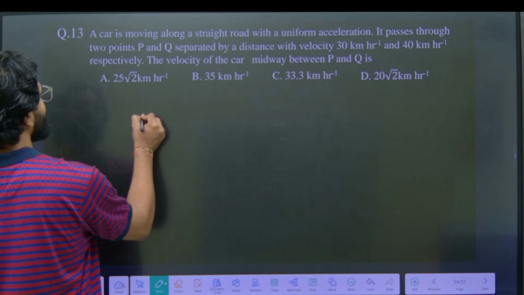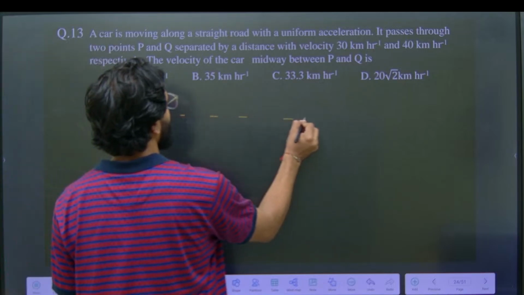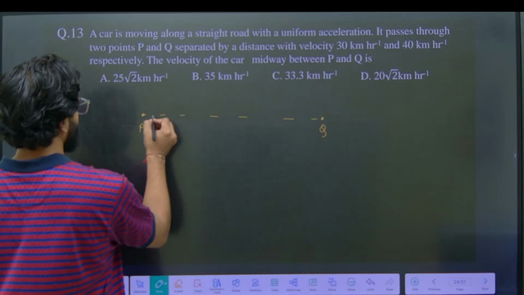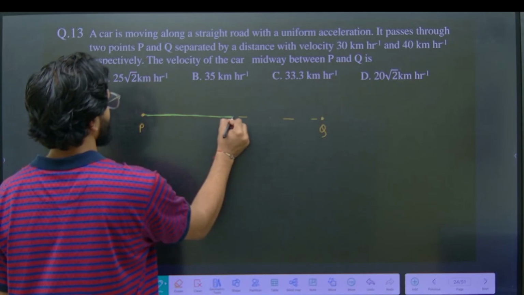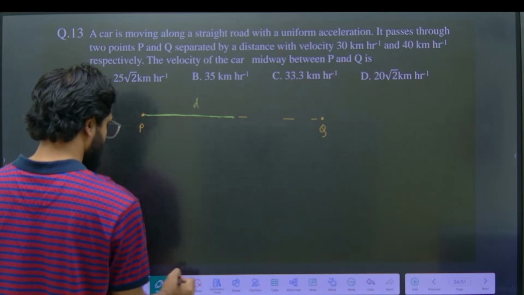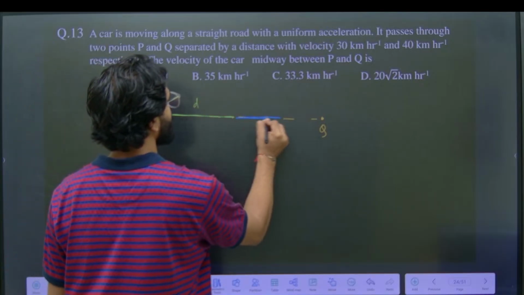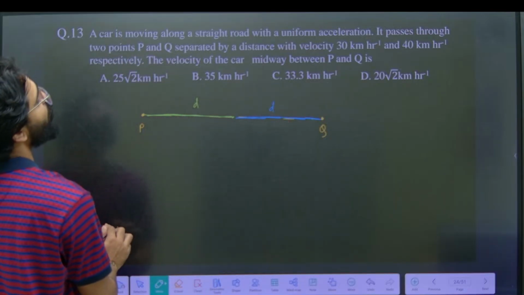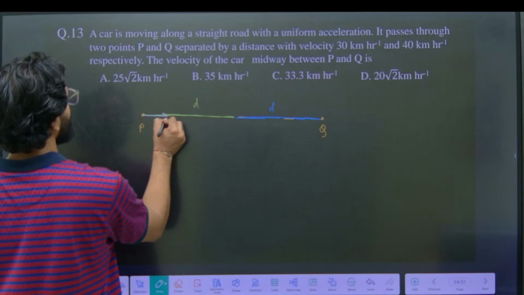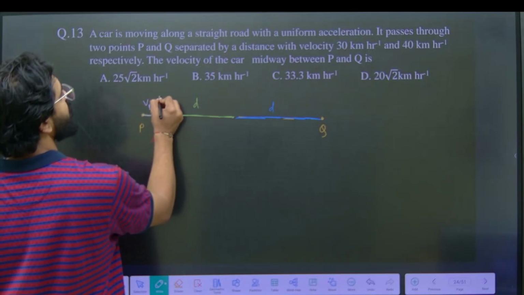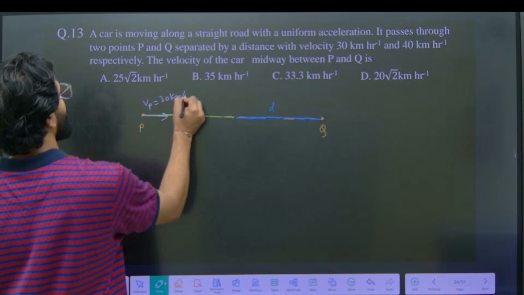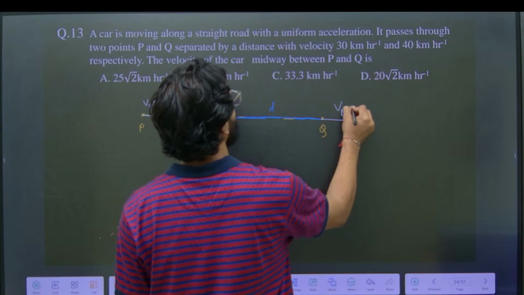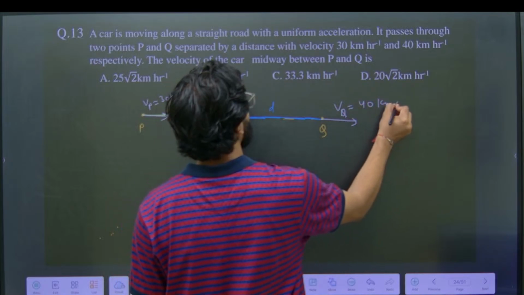So if there is this point P and if there is this point Q, I always take bhai sahab it as D. No worries, and it as D. Barobar. Correct. So they are saying that the velocity over here at P, it is Vp, it is 30 km per hour, and VQ, it is 40 km per hour.